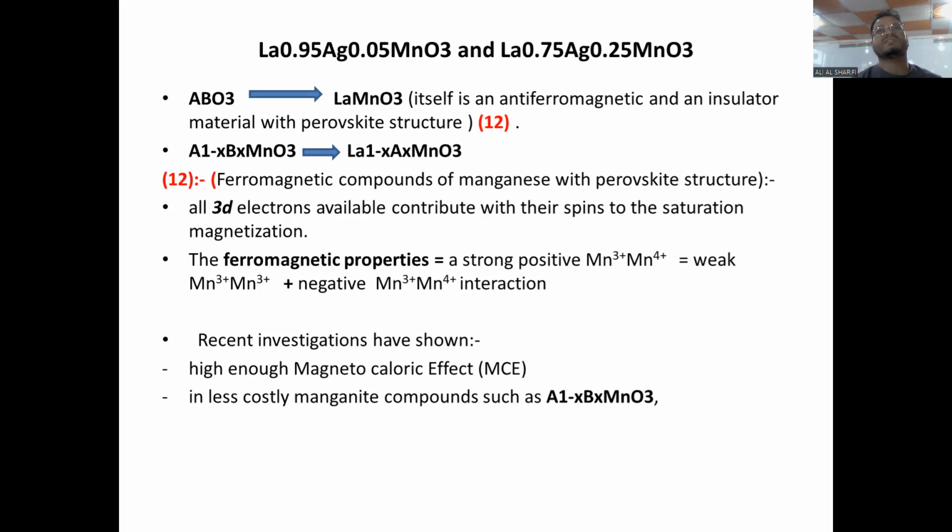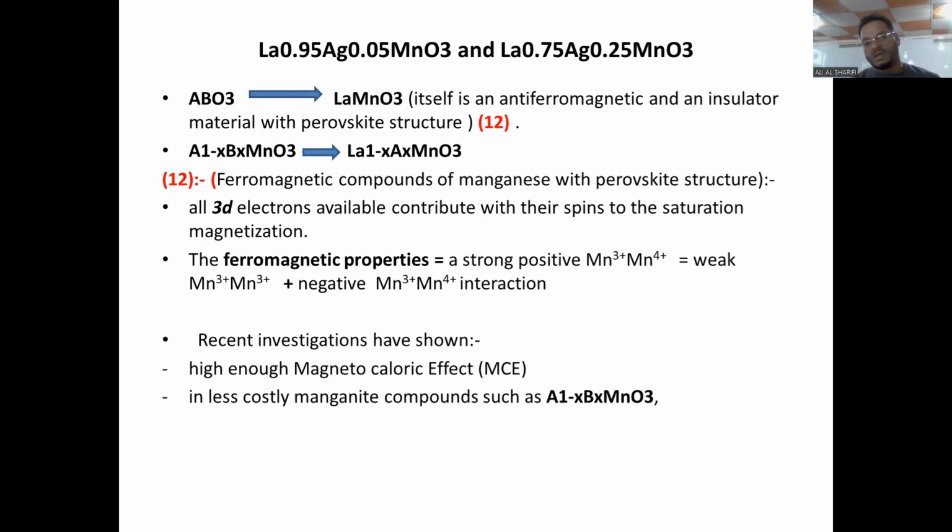Ferromagnetic properties are the interaction between weak manganese 3+ and manganese 4+. It's the same meaning as ferromagnetic properties, something like that.